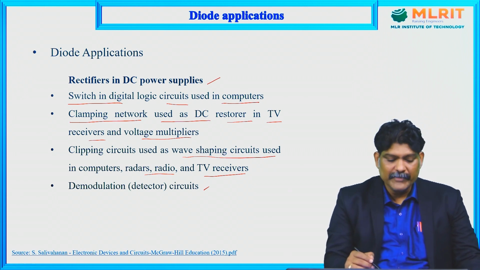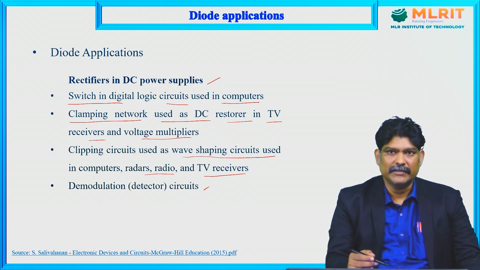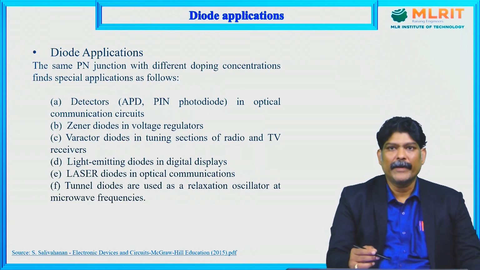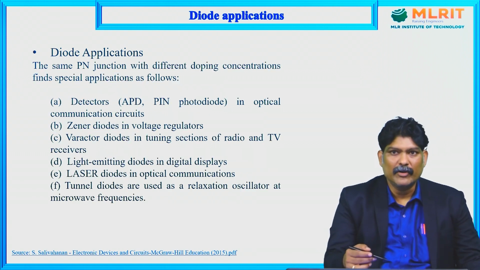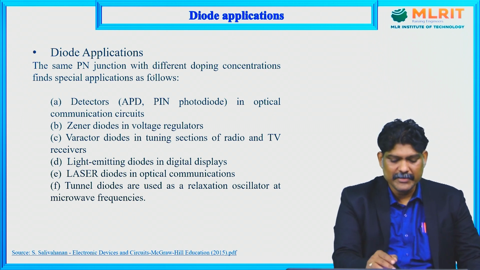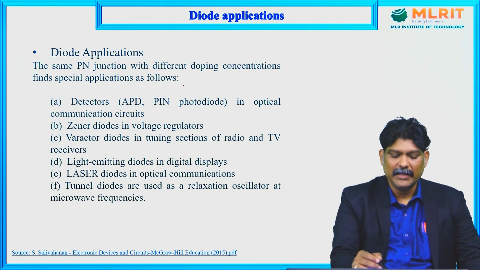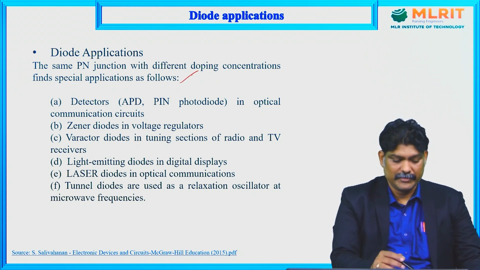Apart from these applications, diode can also be used in different applications based on the doping concentration. So diode can be doped with different concentrations. The same PN junction diode with different doping concentrations finds special applications as follows.